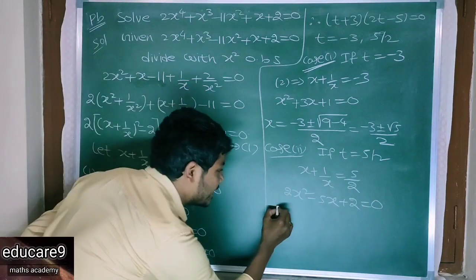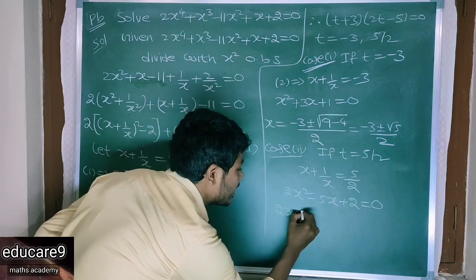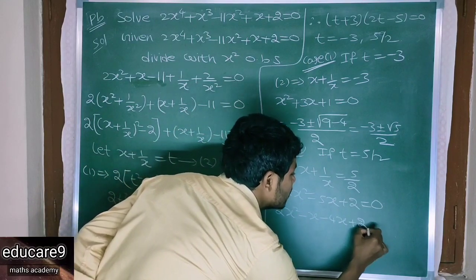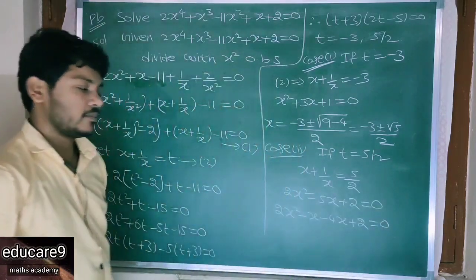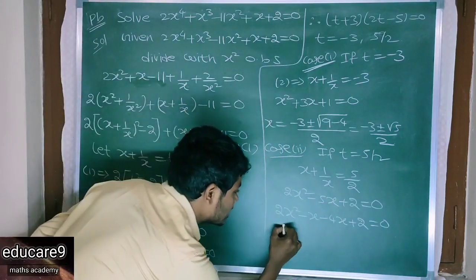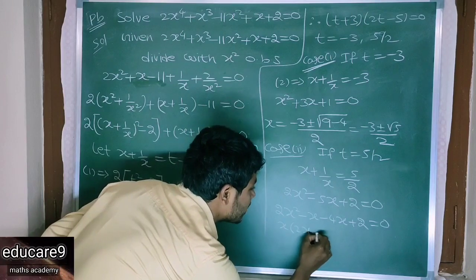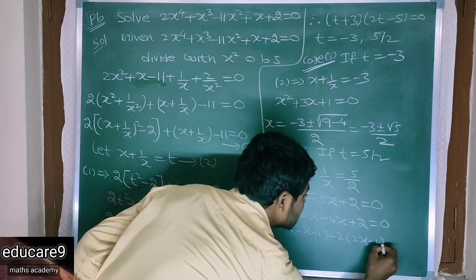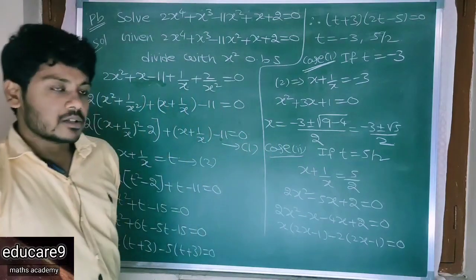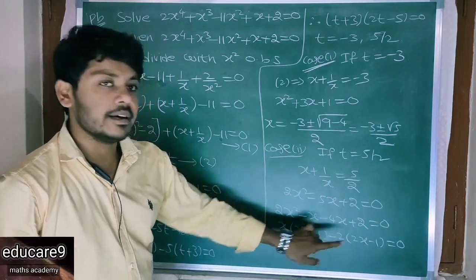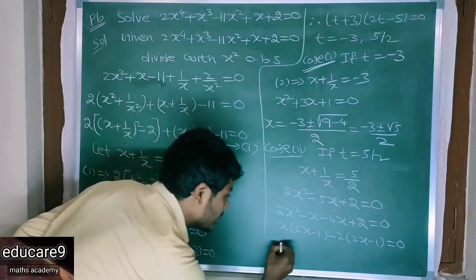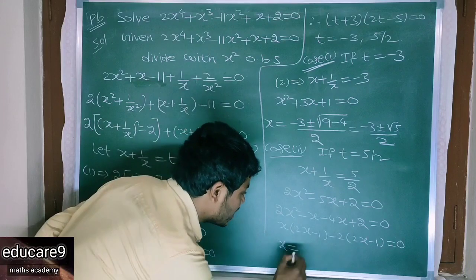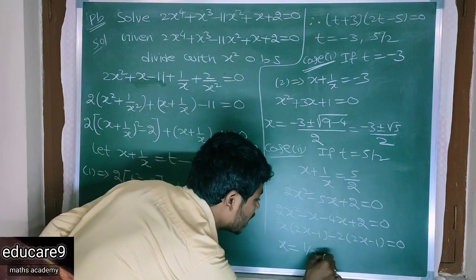Now again this can be written as 2x square minus x minus 4x plus 2 is equal to 0. So here x is common, you get 2x minus 1, minus 2 is common, you get 2x minus 1 is equal to 0. So this is 2x minus 1 into x minus 2. So from this it can be written as x values are 1 by 2 comma 2.